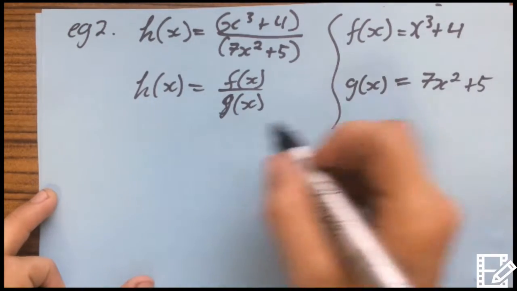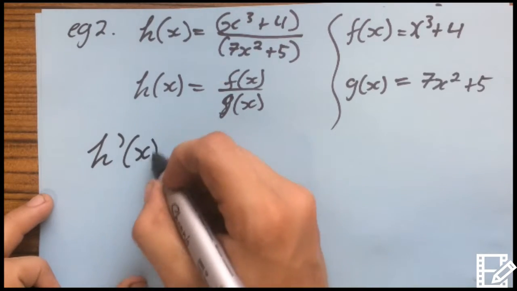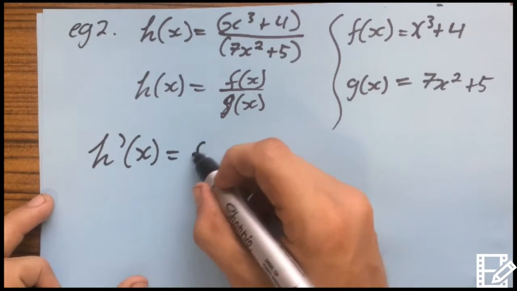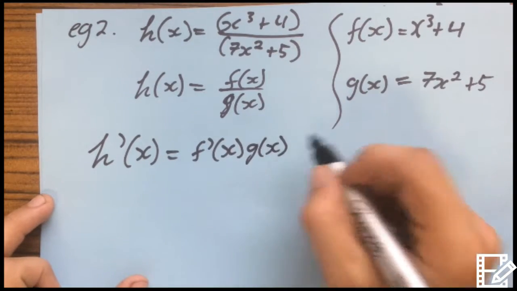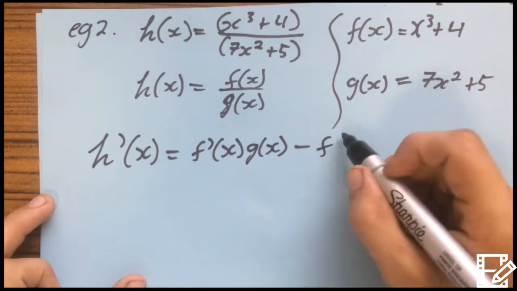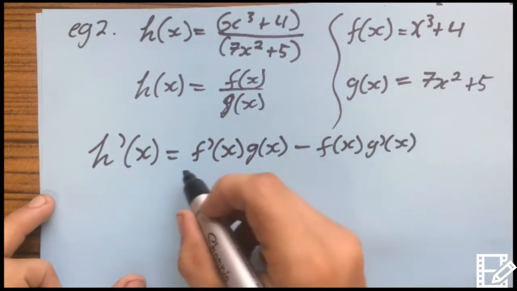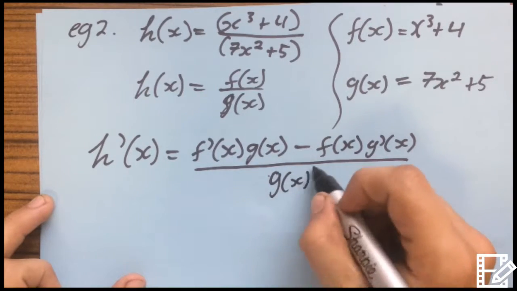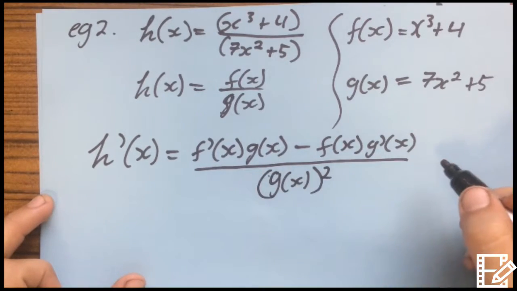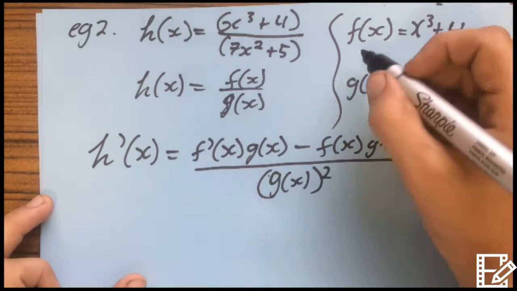So, the formula for the derivative is the derivative of f(x) multiplied by g(x) minus f(x) multiplied by the derivative of g(x), all over g(x) squared. So we need to find the derivative of f(x) and the derivative of g(x).